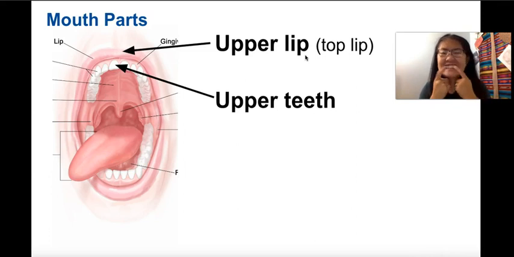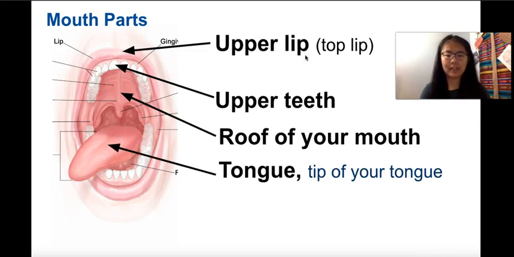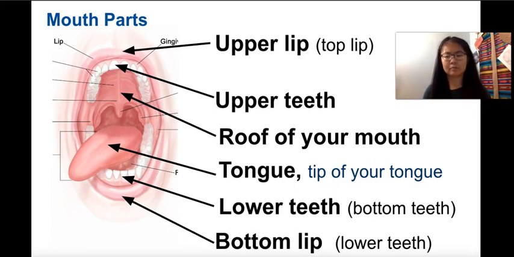We have our upper teeth. We also have the roof of your mouth. We'll use that in some pronunciation, the roof of your mouth. We'll talk about our tongue and the very tip of our tongue. We will also talk about using our lower teeth, and our bottom lip.